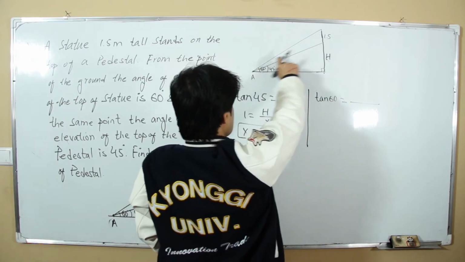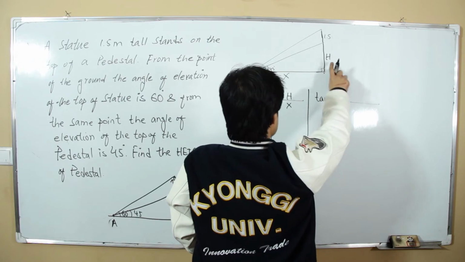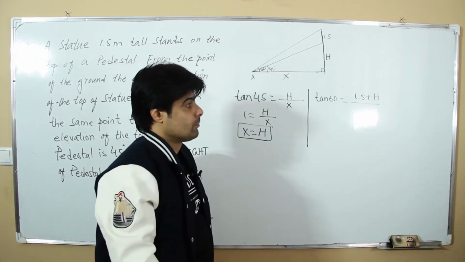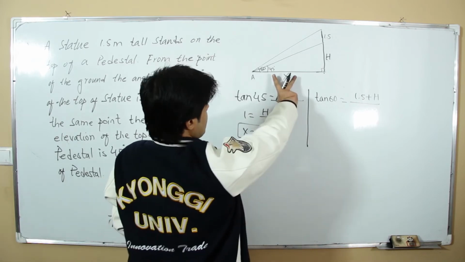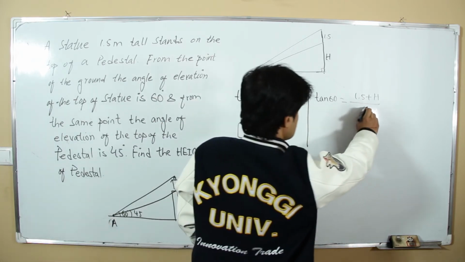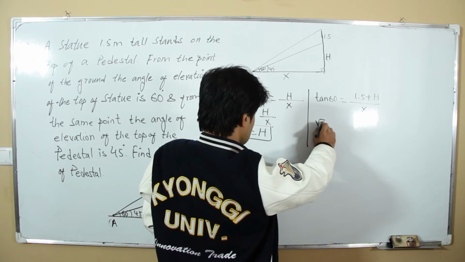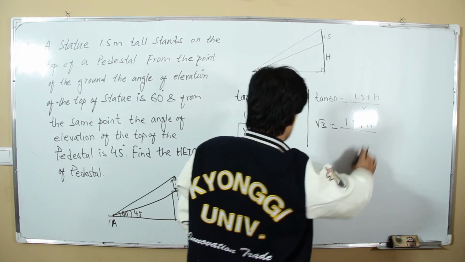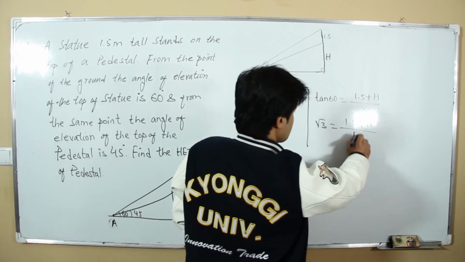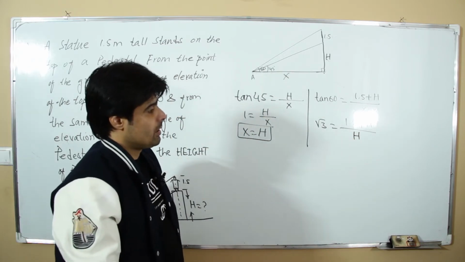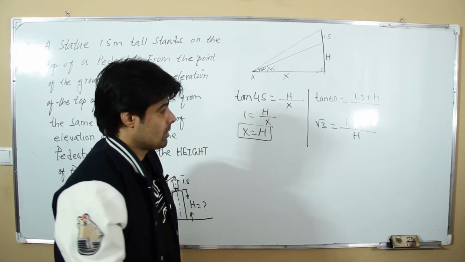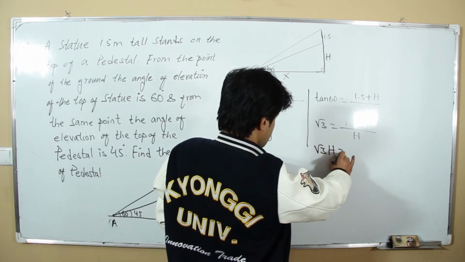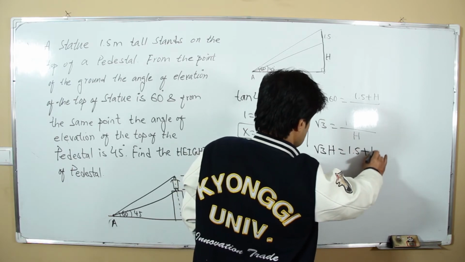For 60 degree, opposite is 1.5 plus h, and adjacent, which is x. Tangent 60 is root 3. 1.5 plus h, and instead of x, h. I think it's a one variable equation and you can solve. By the way, root 3h is equal 1.5 plus h.